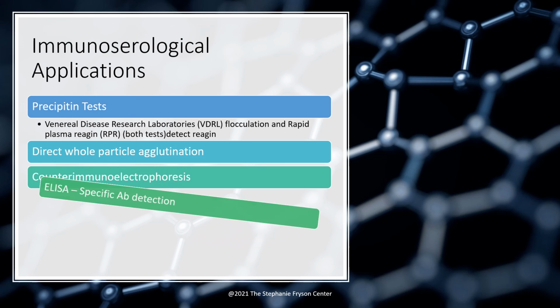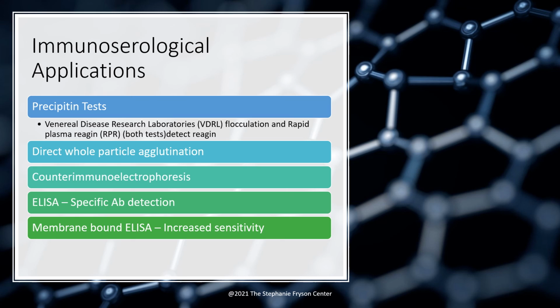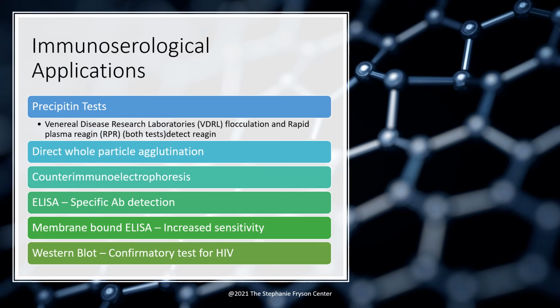You can have counter immunoelectrophoresis, ELISA, and membrane-bound ELISA, which is very sensitive. Western blot is the confirmation test for HIV, which is an immunoserological application. You'll learn a whole lot more about that if you have not taken serology or chemistry. On to the next course.